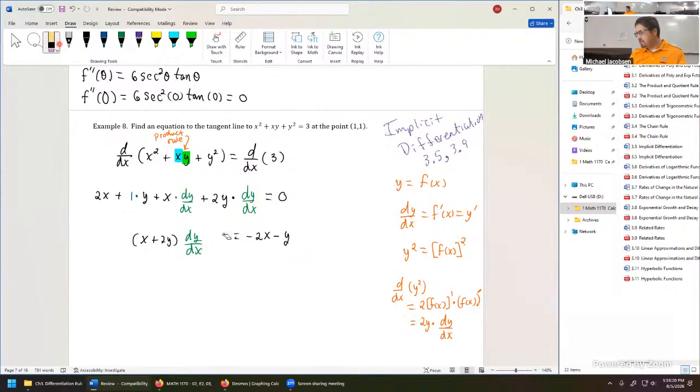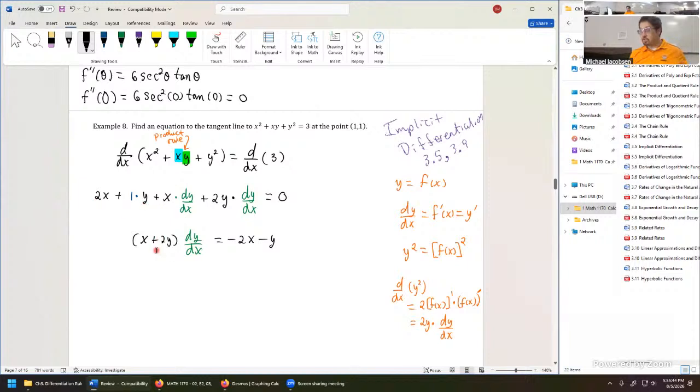And I don't know why I said 0 equals. Sorry about that. It would just turn into this: (x plus 2y) dy/dx equals negative 2x minus y. Let me bring that closer so it's less weird looking. Okay, so factored out, subtracted 2x and y from both sides.